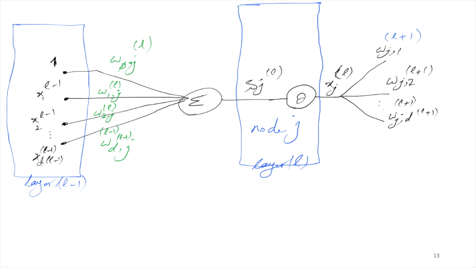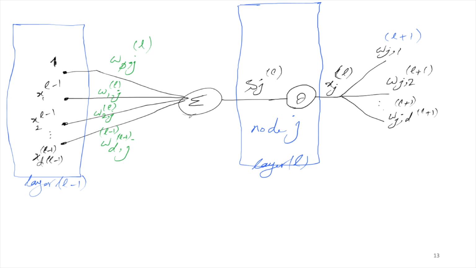We start from the first layer, or if you assume you're in the middle of your neural network, it's going to be layer l-1, your previous layer, and this is your current layer. Your x's are coming from x_1 of l-1, x_2 of l-1, up to x_d of l-1, where d was the number of nodes, right? We defined. Each of them has its own w's: w_0j, w_1j, w_2j, w_dj, and all of these w's represent layer l-1.